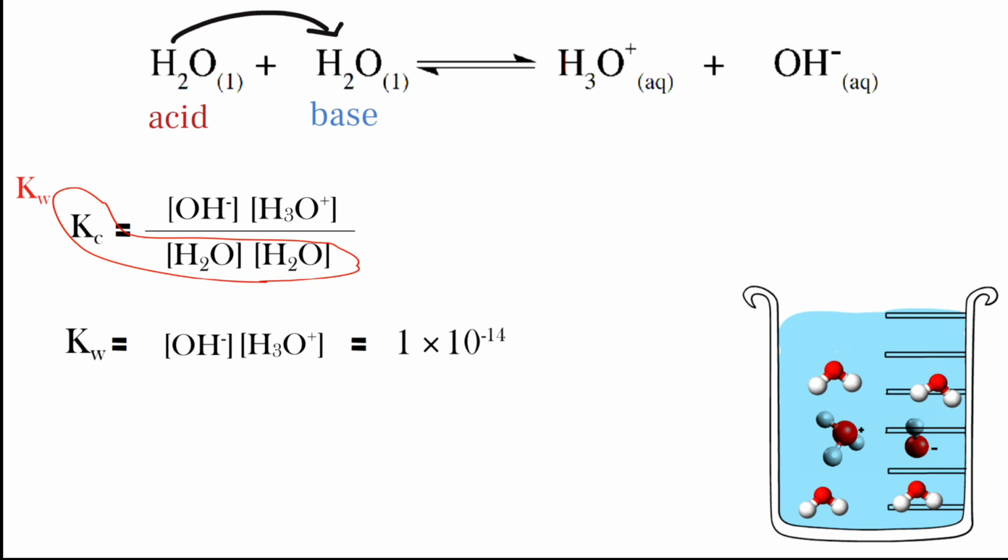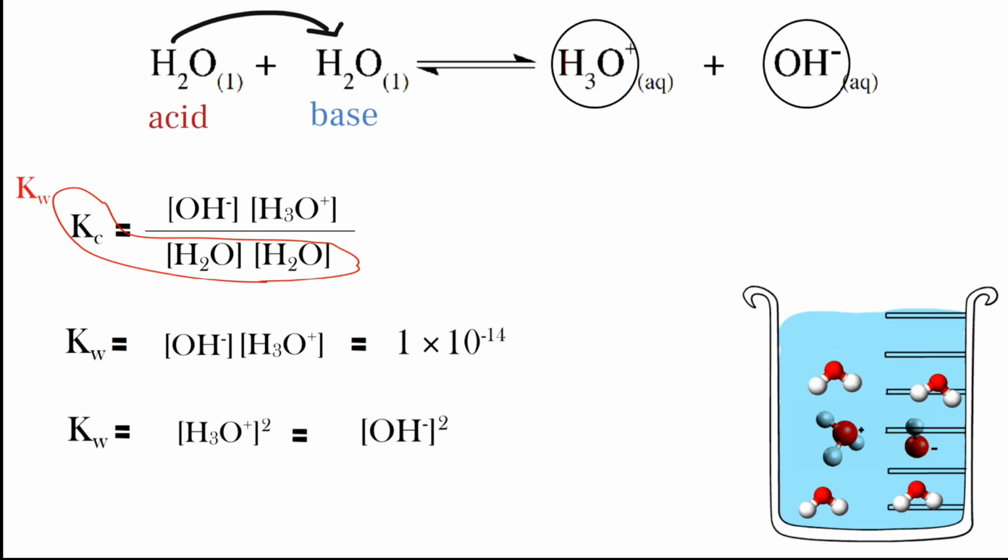Returning to the self-ionization equation, we find that the number of moles of H3O+ equals the number of moles of OH-. This means that the concentration of these ions is equal. Thus, the equilibrium constant of water can be expressed as Kw, the concentration of H3O+ squared, equals the square of OH- ions concentration, and equals 1 times 10 to the power of minus 14 moles per liter.